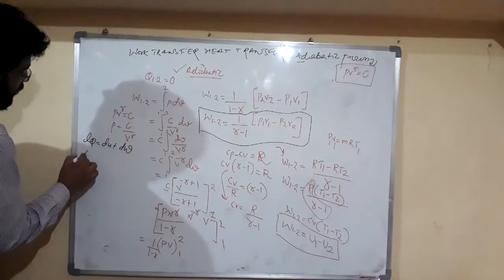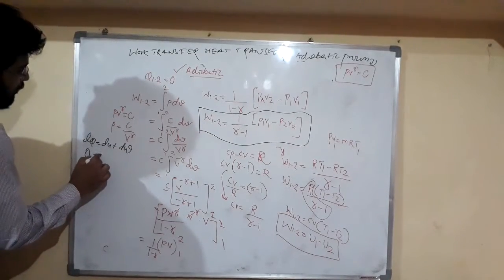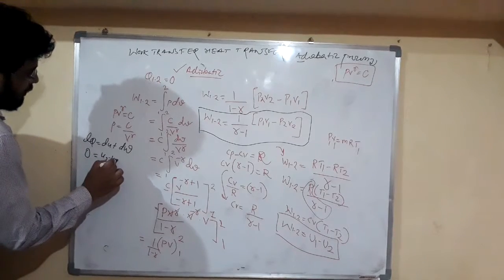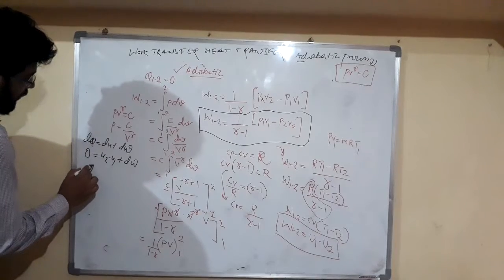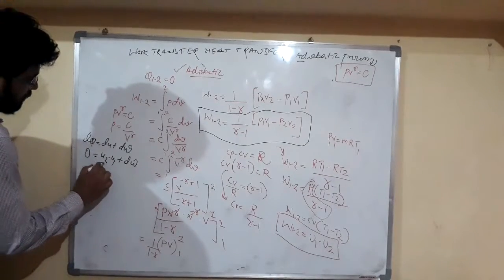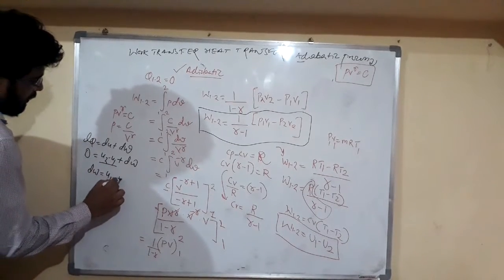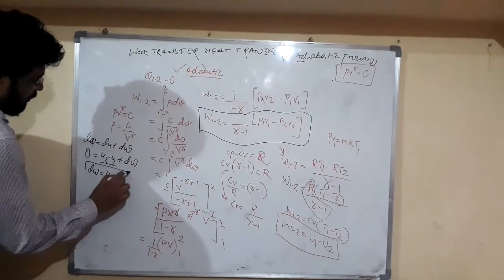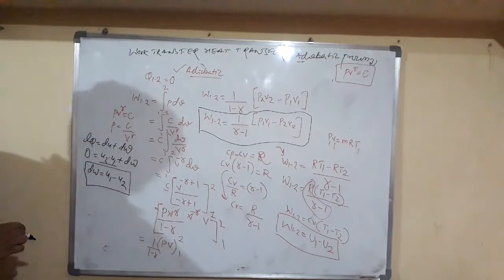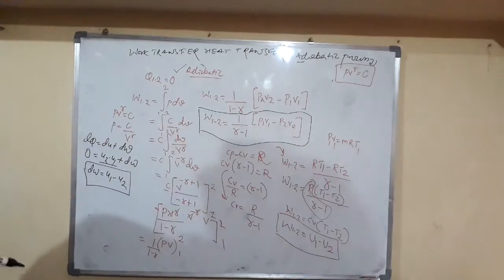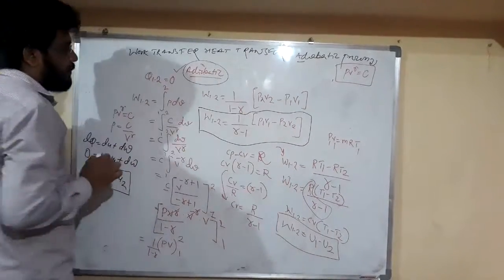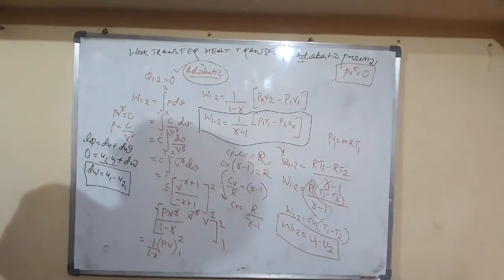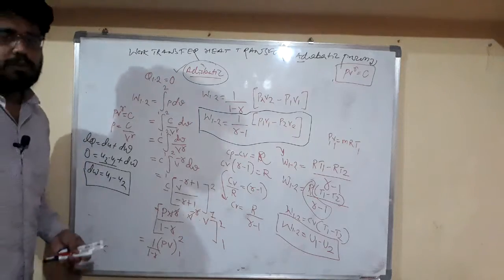Friends, here dQ is equal to 0. dU means U2 minus U1, plus dW, and our dW is equal to U1 minus U2. So friends, our work done is equal to the change in internal energy in case of adiabatic process. So this is all about our work transfer in case of our adiabatic process.